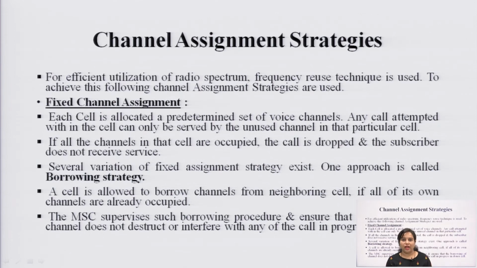Now, next is the channel assignment strategy. How do you have to assign the channels? There will be fixed channel assignment and variable, dynamic channel assignment. For efficient utilization of the radio spectrum, the frequency reuse technique is used to achieve the following channel strategies. In fixed channel assignment, each cell is allocated a predetermined set of voice channels.